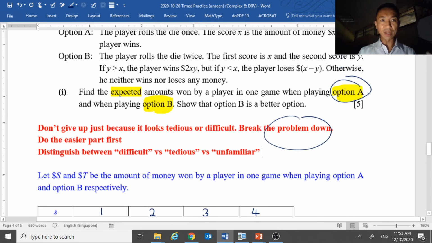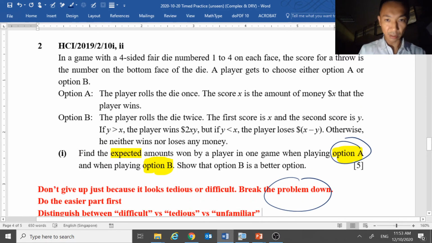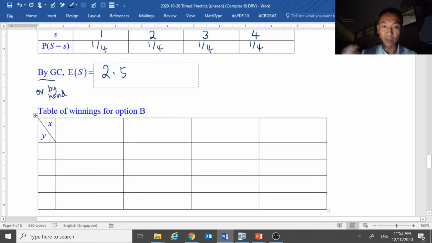Now, if you want to do option B, look carefully, think carefully. The first score is X. The second score is Y. Then you have so many options: Y smaller than X, Y greater than X, or equal. Now actually when you throw the die twice, all you have is your X and Y can be divided into these 16 cases.